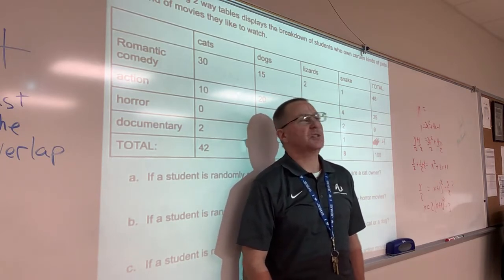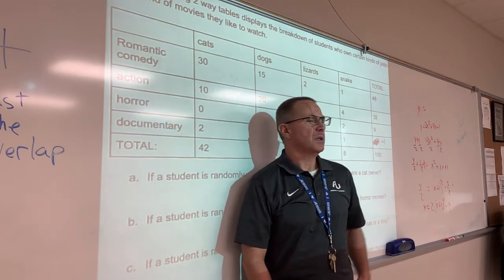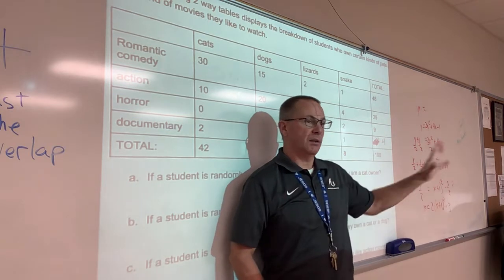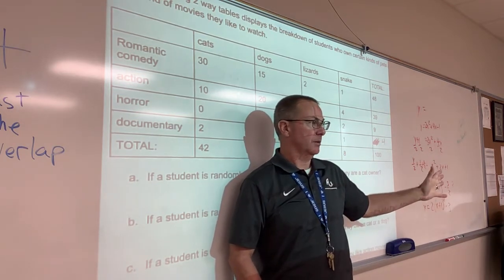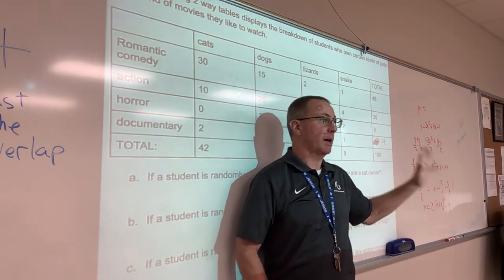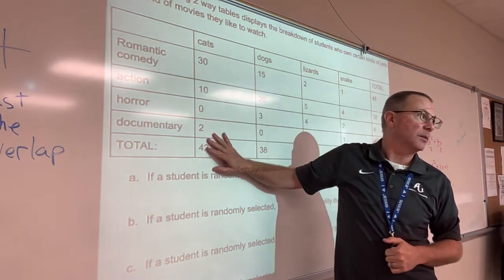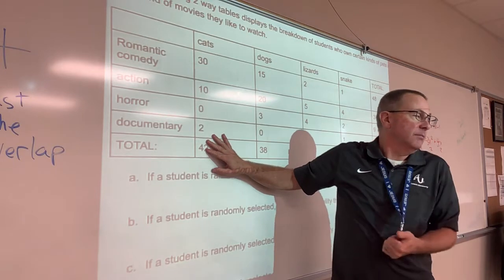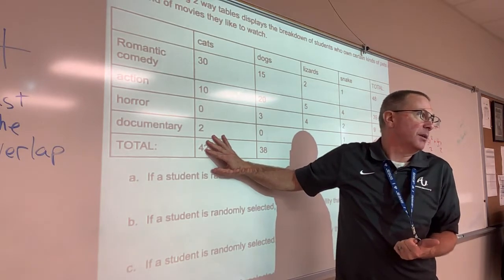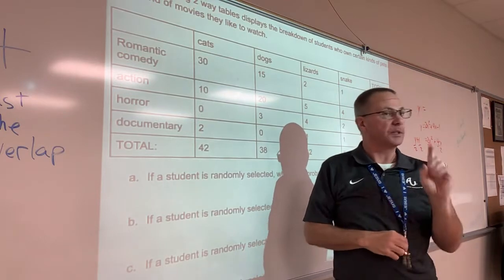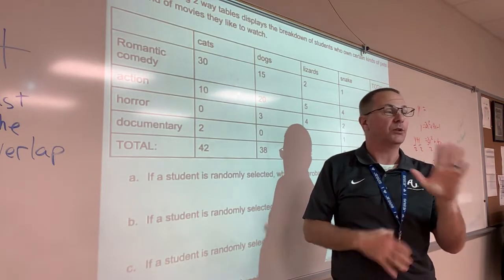It's the exact same thing as what I just told you about. If you see the word given, you only use the data of what follows the given word. So, given you're a cat owner, that means I'm only looking at the cat owner column. And so what's the probability that you like romantic comedy? Well, that'd be 30 out of 42. That's what that means. So the word given is important. It tells you what you're only looking at.